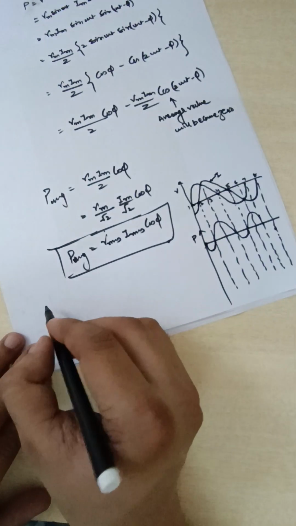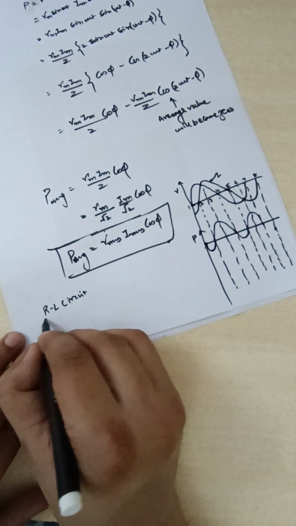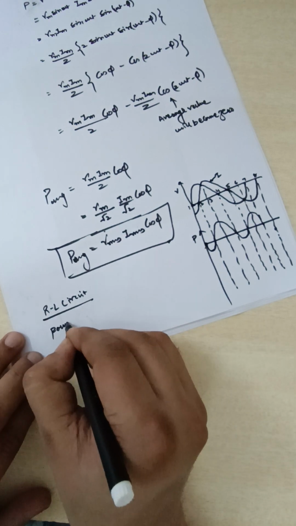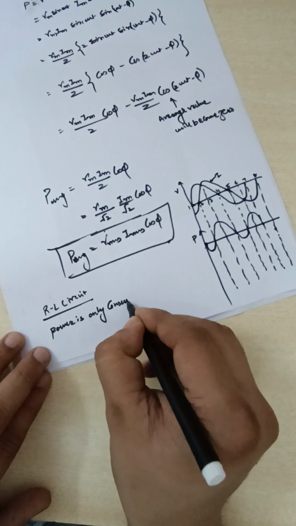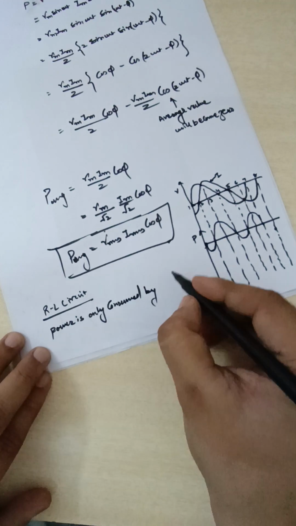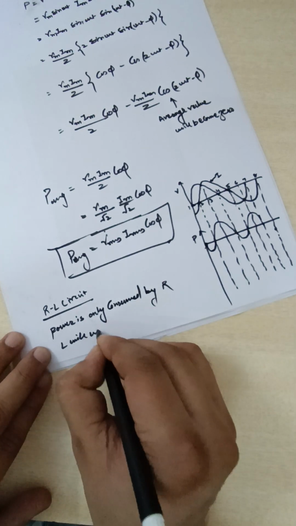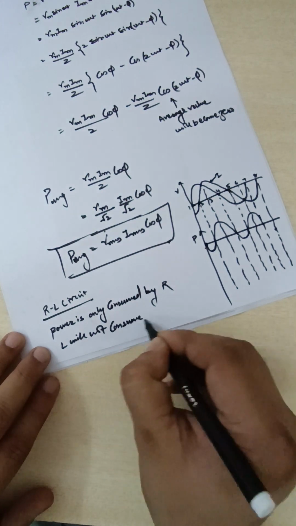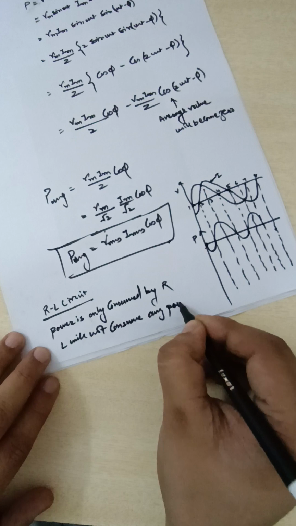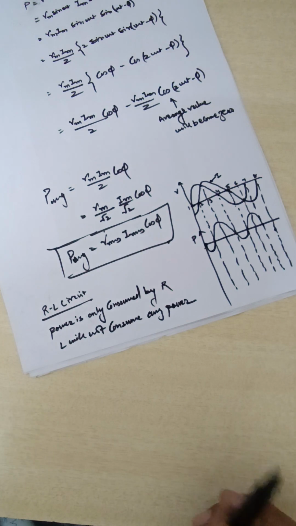So in RL circuit, power is only consumed by R. L will not consume any power. Clear? So this was the concept of series RL circuit.